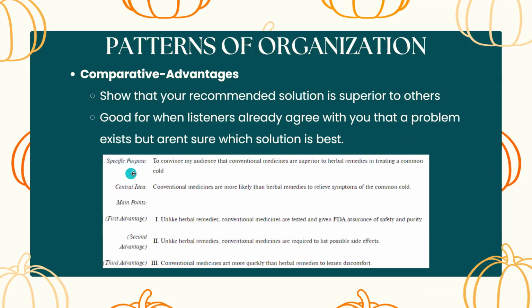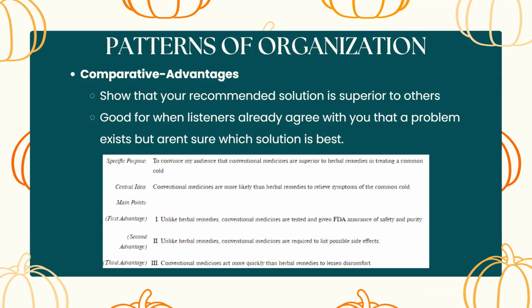So your specific purpose would be to convince my audience that conventional medicines are superior to herbal remedies in treating a common cold. My thesis is conventional medicines are more likely than herbal remedies to relieve symptoms of the common cold. My first advantage is unlike herbal remedies, conventional medicines are tested and given FDA assurance of safety and purity.